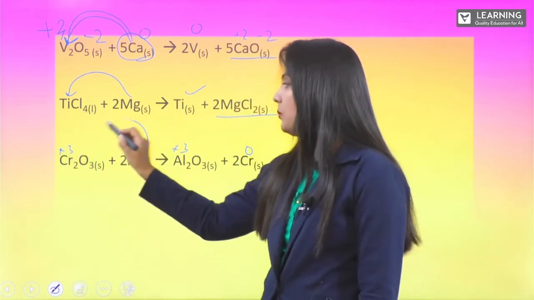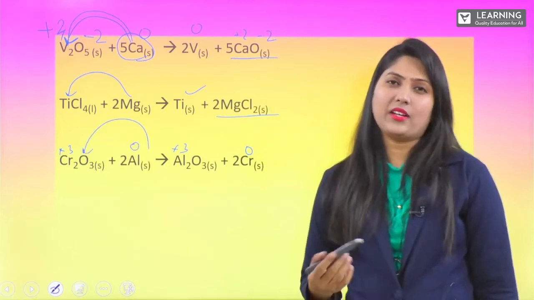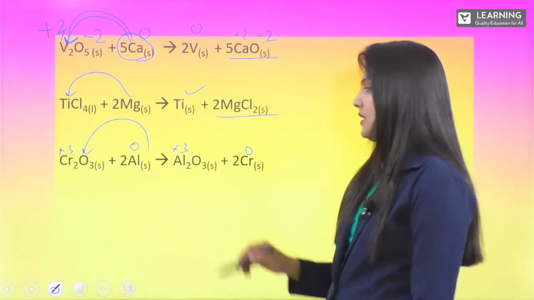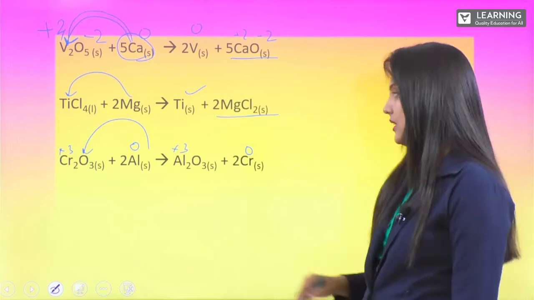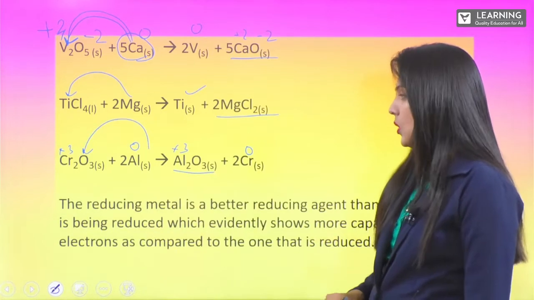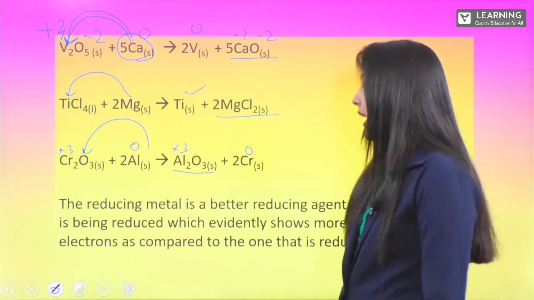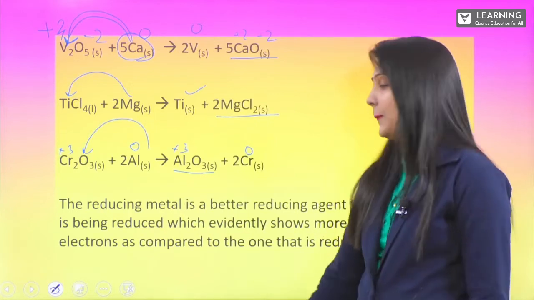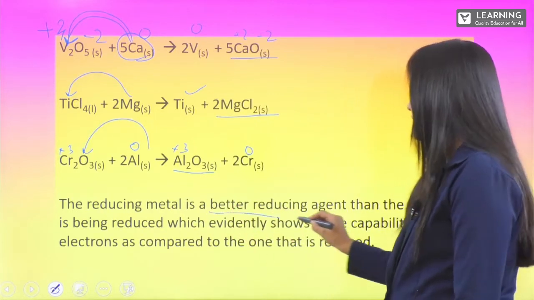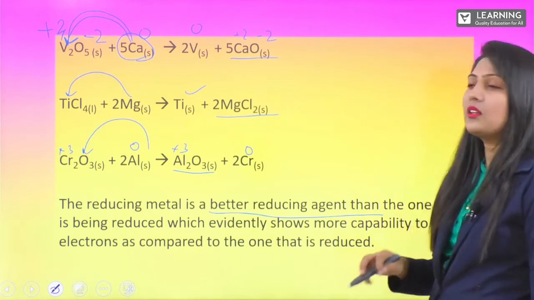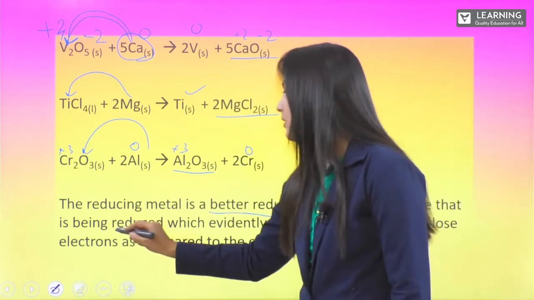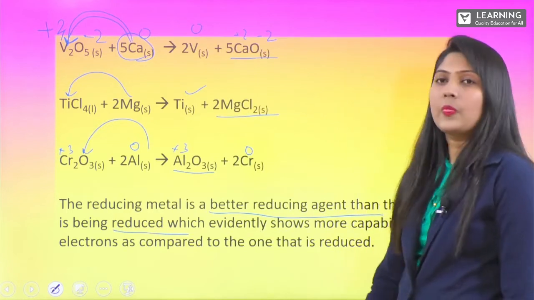So aluminium is more reactive than chromium. So it can displace the chromium from its oxide state and get the aluminium oxide. The reducing metal is a better reducing agent than the one that is being reduced. Got it?